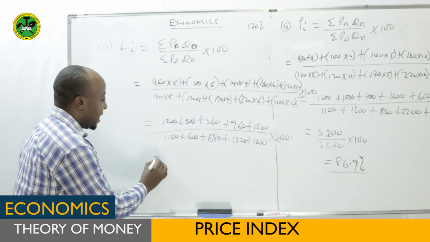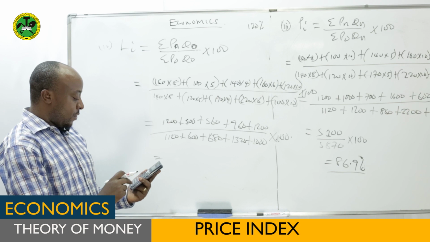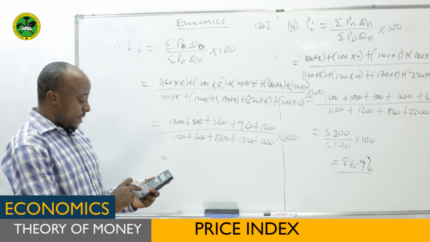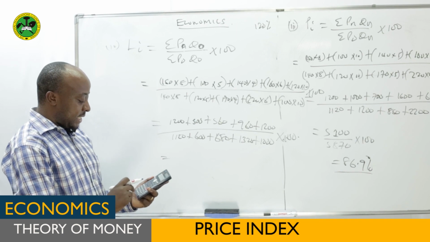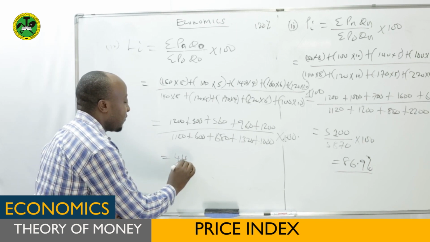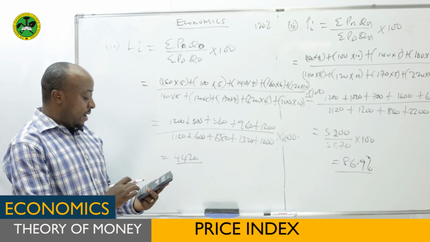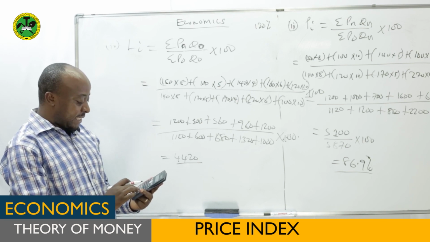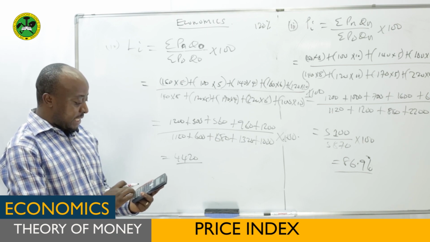So you can add the numerator. We have 1200 plus 500 plus 560 plus 960 plus 1,200. This one will get 4420, divided by the denominator, which will be 120 plus 600 plus 680 plus 1320 plus 1000.